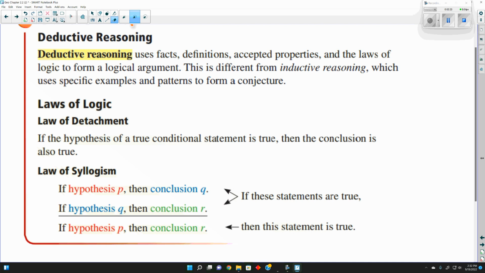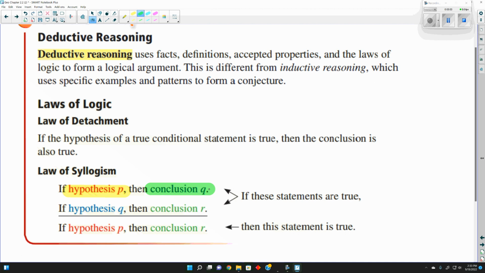So with the law of syllogism, if P, then Q. We have this statement.